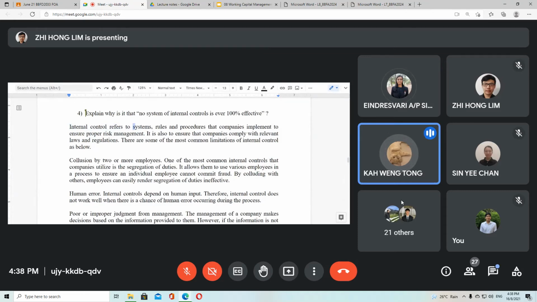Internal control refers to the system, rules, and procedures that a company may implement to ensure proper risk management. It is also to ensure that the company complies with related laws and regulations. There are some of the most common limitations of internal control as below. Collusion by two or more employees.